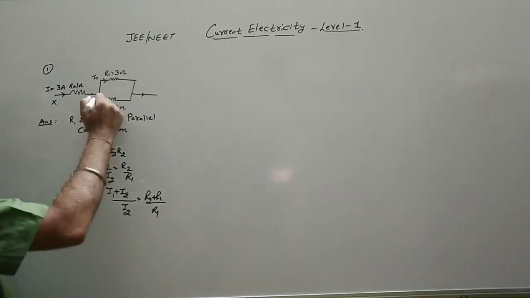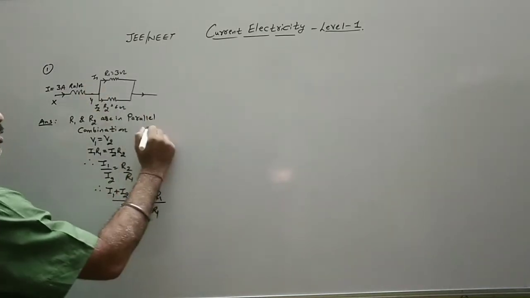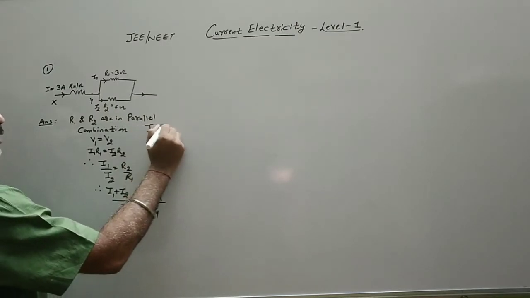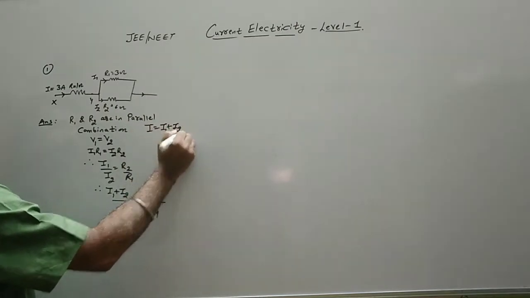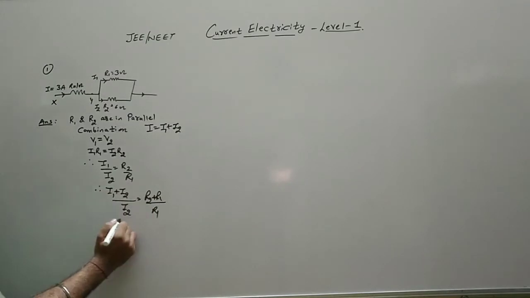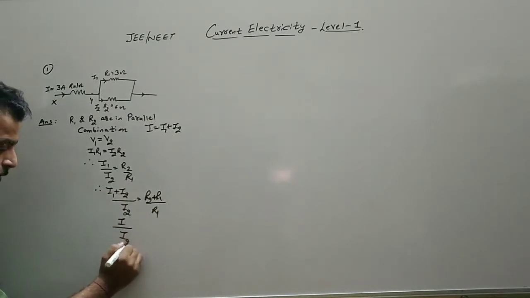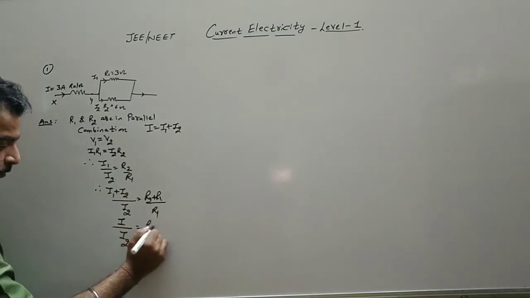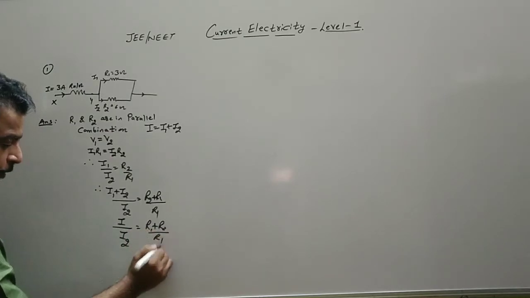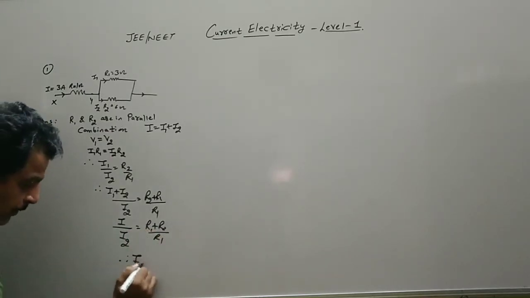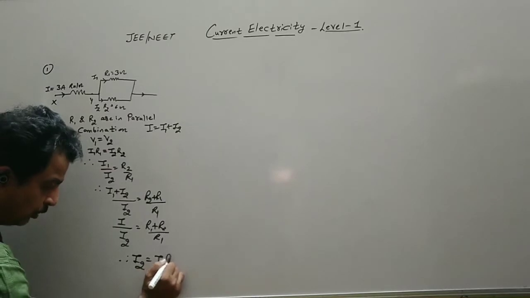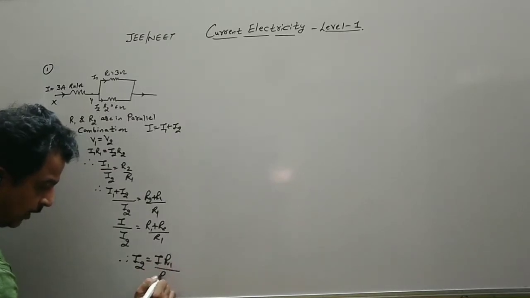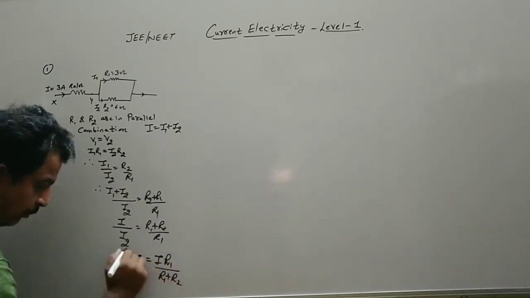Now from the junction rule, we also know that I is equal to I1 plus I2. So we replace this I1 plus I2 by I. So this is equal to (R1 plus R2) upon R1. So therefore I2 is equal to total current I times R1 divided by R1 plus R2.